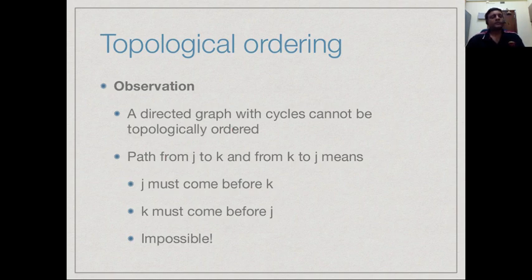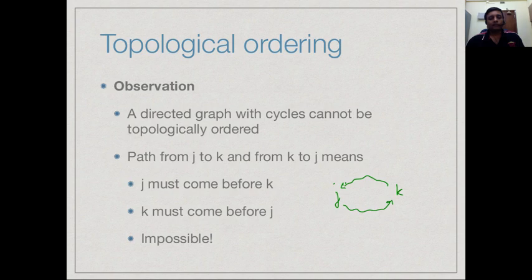So the first observation is that if the directed graph had a cycle, then you will not be able to topologically order it. Because if it had a cycle, then for instance, supposing j and k are vertices on the cycle, then you will have a path from j to k and a path from k to j. Now it is easy to see that the topological ordering constraint extends to paths. That is, if I have j before k as an edge, I know that j must appear before k in the final sequence.